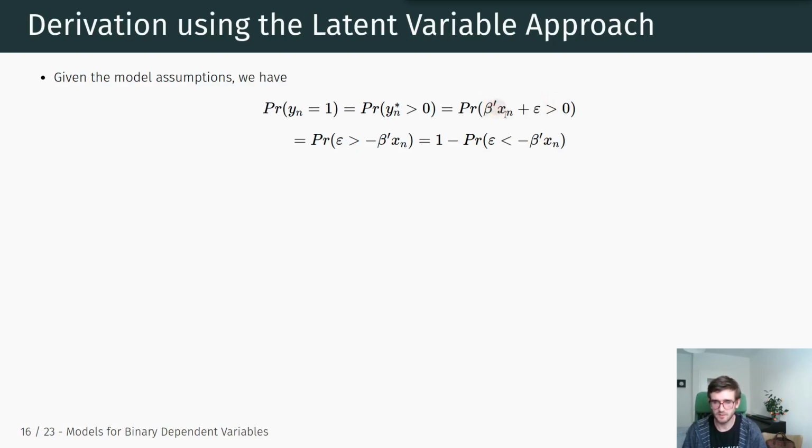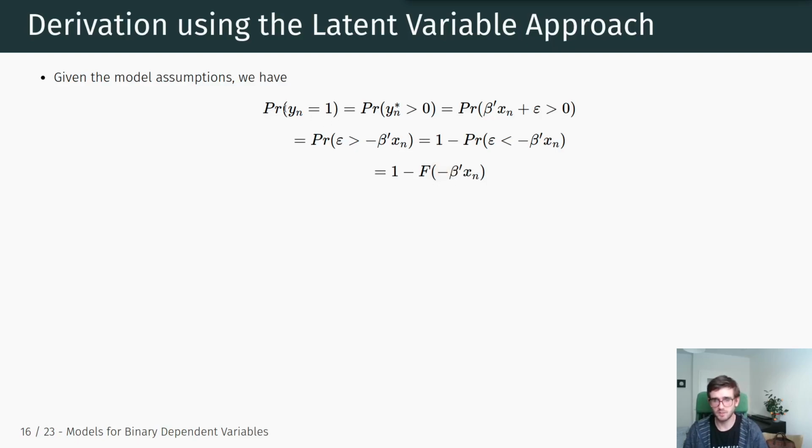Which we can flip around and write as 1 minus the probability of epsilon being smaller than minus beta prime xn, okay? We can further specify this, since epsilon has a mean of 0, as the cumulative distribution function: 1 minus F of minus beta prime xn, okay?